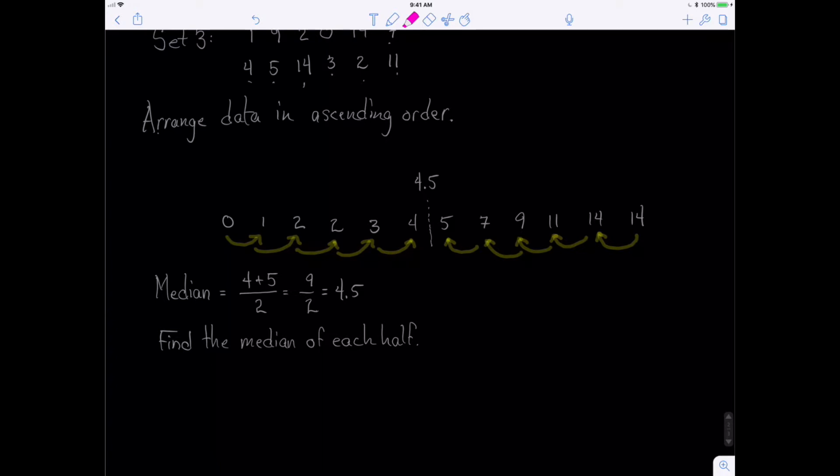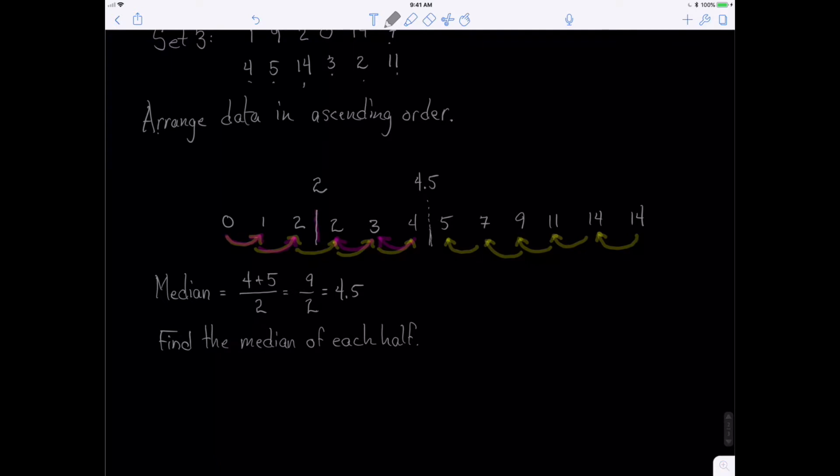When I look at my lower half, the data from 0 to 4, 0 is my lowest, so I go up to 1. 4 is my highest, so I go down to 3. Then from 1 we come up to 2, and from 3 we go down to 2. There it is, the next median is between 2 and 2, so the median of the lower half is 2.